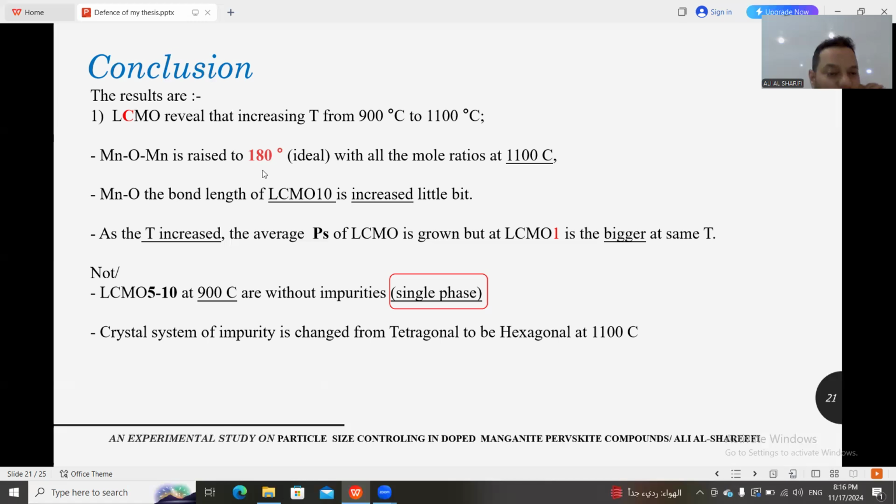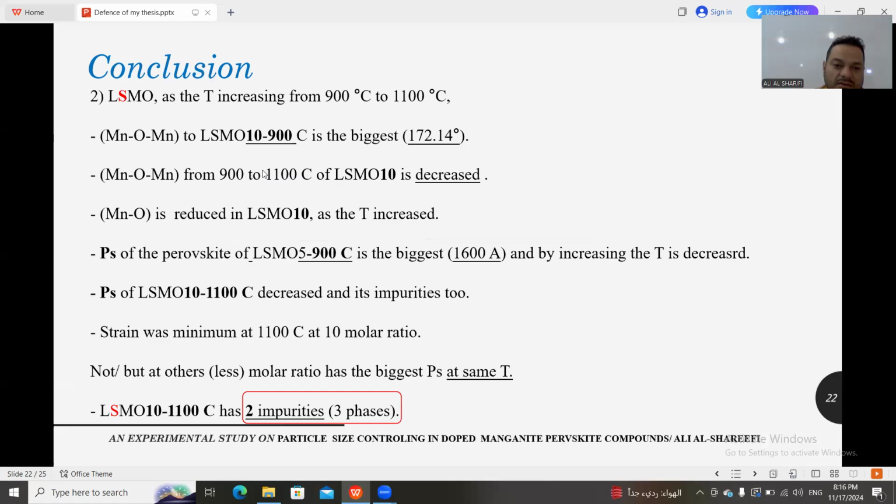Both of these molar ratios at lower temperature are without impurities. That means single phase. By lower temperature, we produced single phase without impurity, and without impurity means increasing electrical and magnetic properties. The crystal system of the impurity changes from tetragonal to hexagonal at 1100 Celsius.